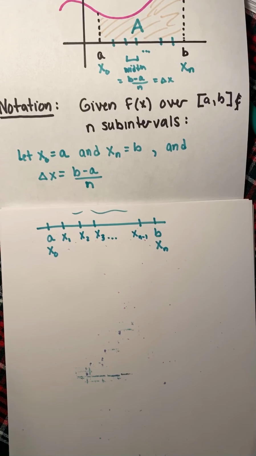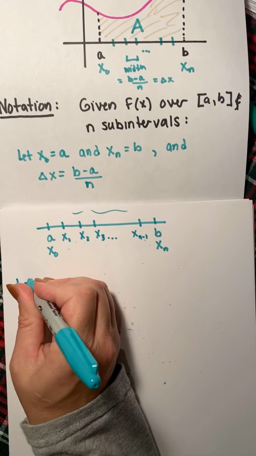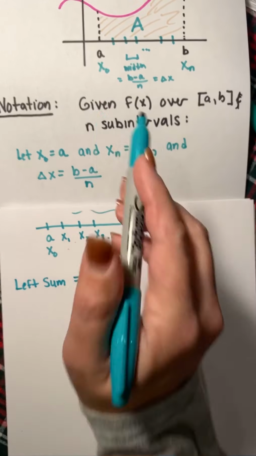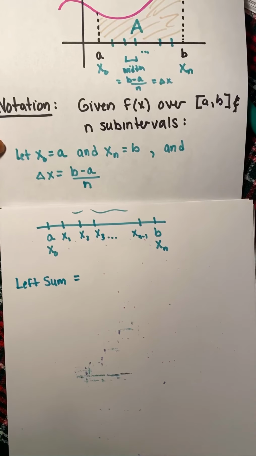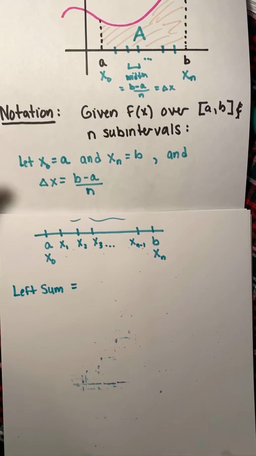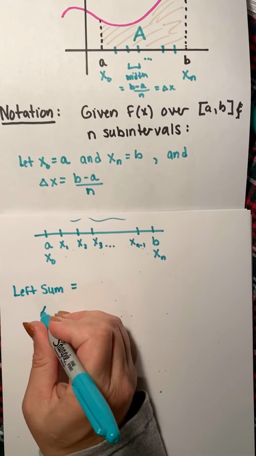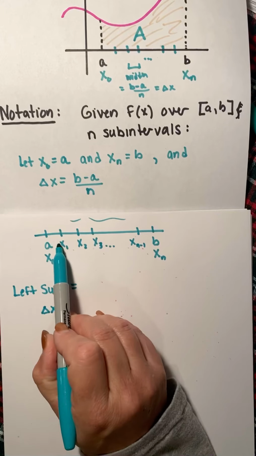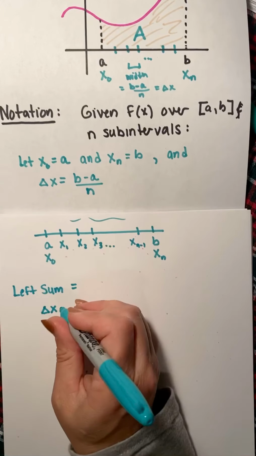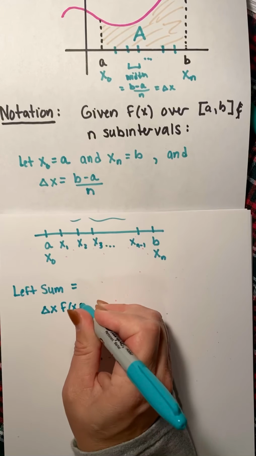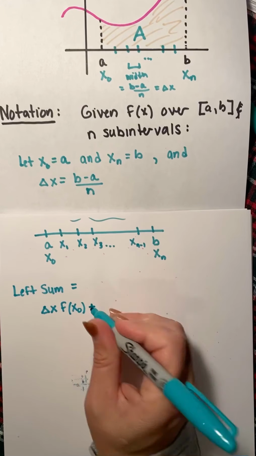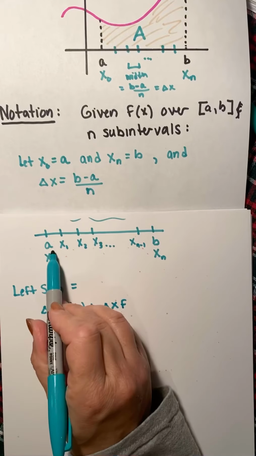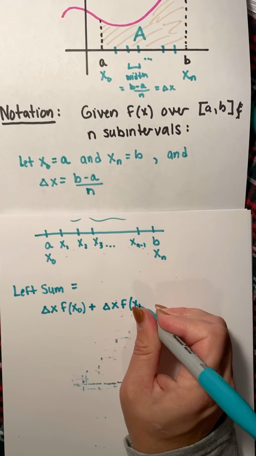So I am putting this for a reason. The left sum is determined by the width of each rectangle. The width of each rectangle is delta x. And the height of the first rectangle is determined by using the leftmost endpoint, so the function evaluated at the leftmost endpoint. Then the second rectangle is the width of the second rectangle times the height at the next point, x sub 1.